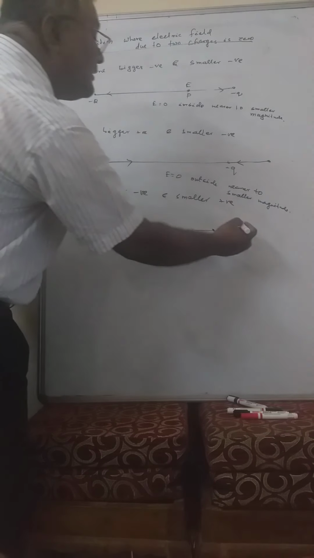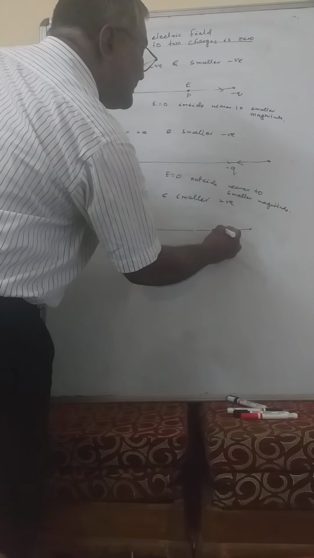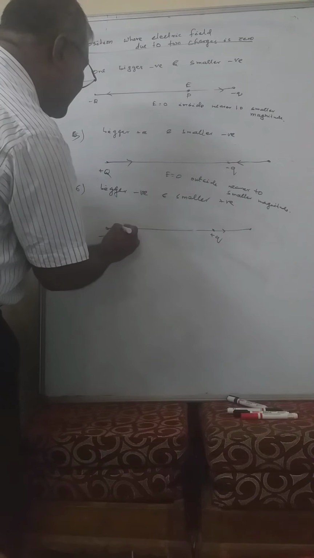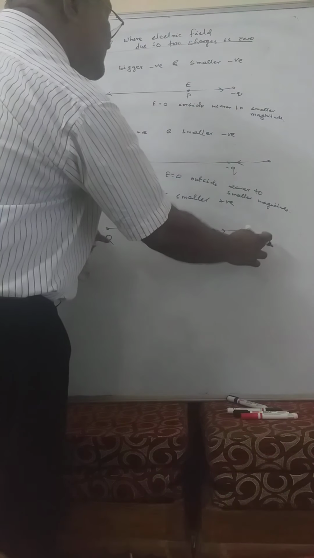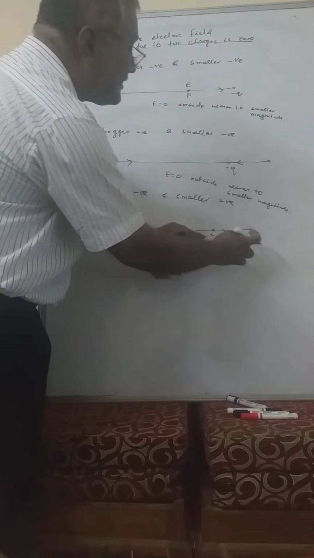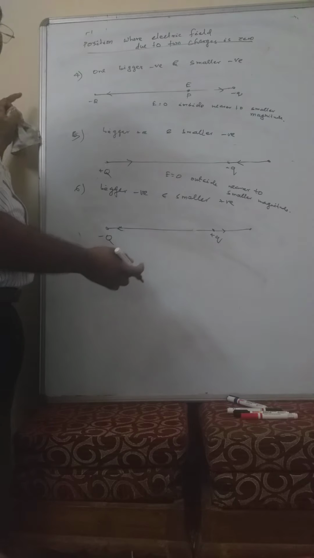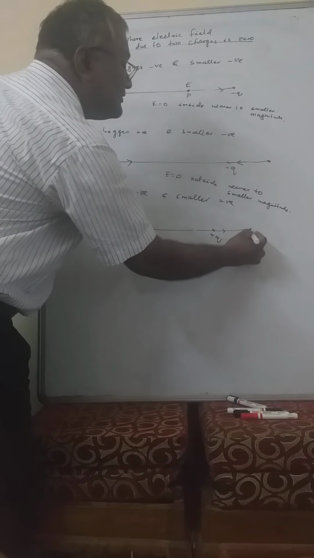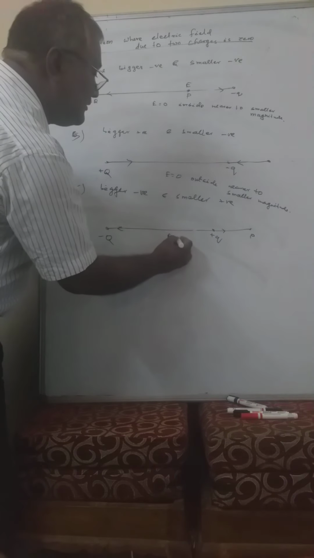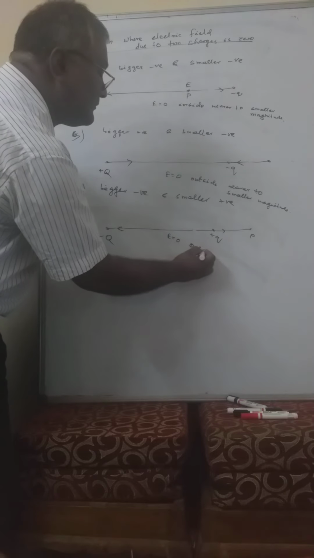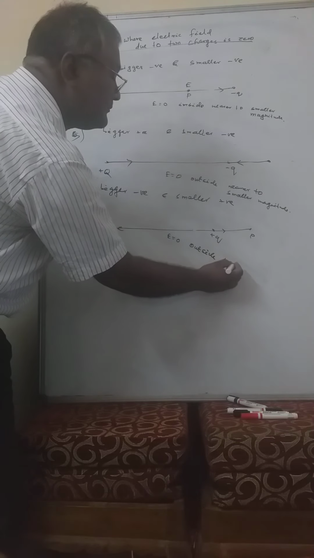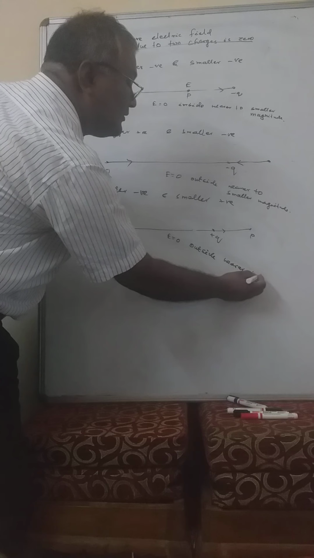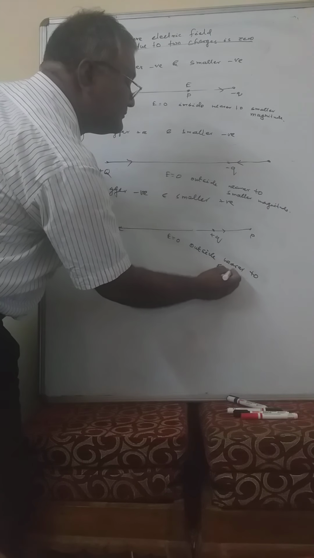Again, where will it be? It will be outside: positive, away, negative, towards, bigger by bigger distance squared, smaller by smaller distance squared, magnitudes equal, directions already opposite, hence the field will be zero. So the field is zero outside, nearer to the smaller magnitude.